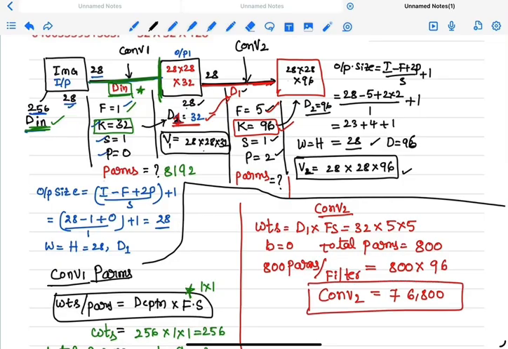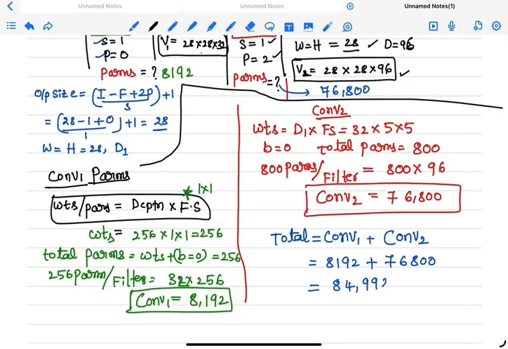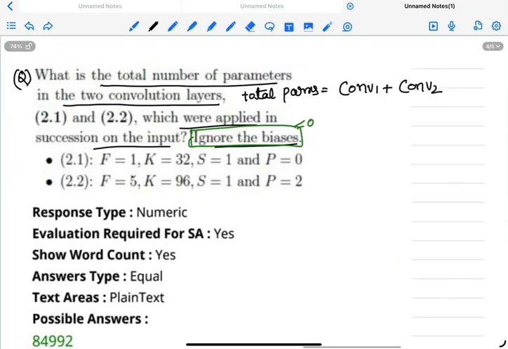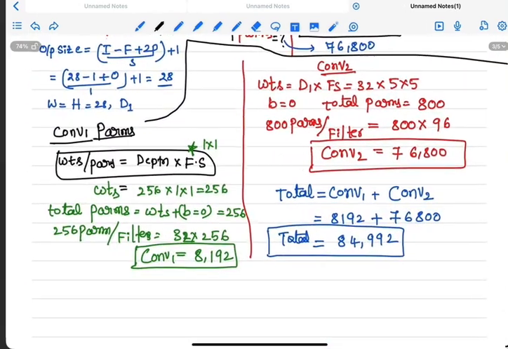The question asks for total parameters after convolution layer 1 plus convolution layer 2, that is 8192 plus 76800, which is 84992. These are the total number of parameters in block 2. So the answer for this question is 84992, right? So this is the correct answer.